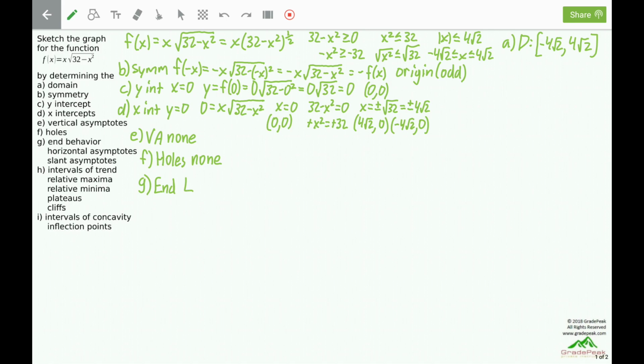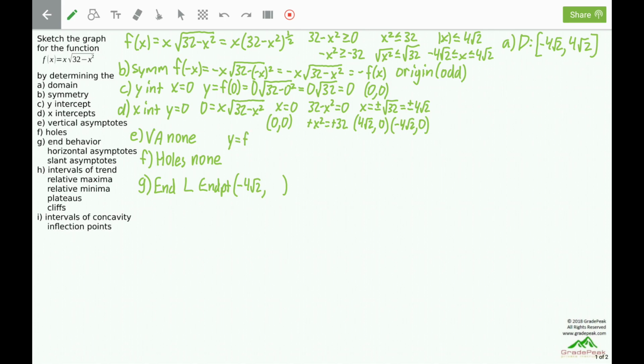The left end behavior will be an endpoint from the domain. It includes, and it will have an x value of negative 4 square root of 2. That's its x-coordinate. And it has a corresponding y-coordinate, which can be found by plugging the x-coordinate back into the original function.